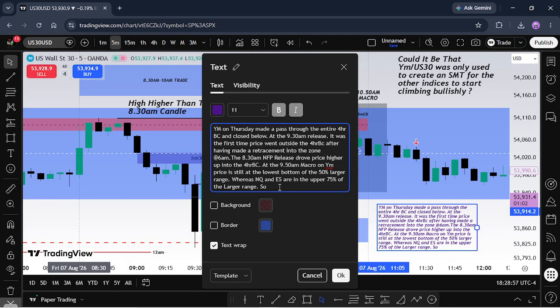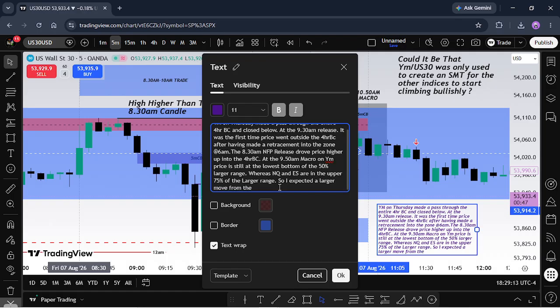So we expected a larger move from ES and NQ.